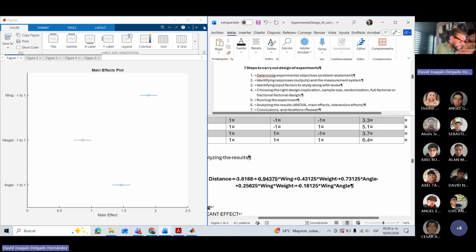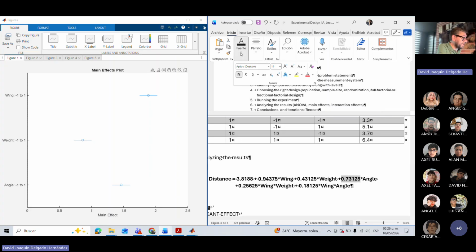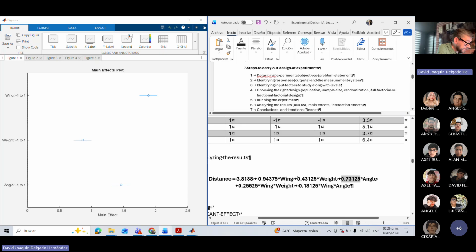Okay. The second place, look, is the angle. Do you remember in this graph? Look, the angle, the coefficient is 0.73. I am going to underline this. So this is lower than 0.94, and it is between the greater and the smaller. So the third one is the weight, and look, the coefficient is also the smaller. Can you see?